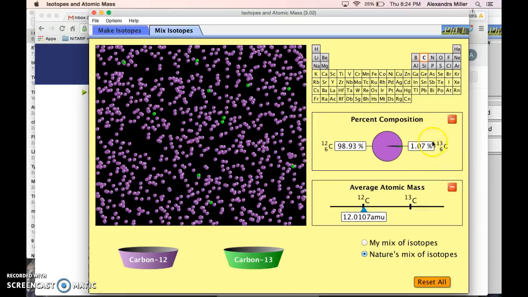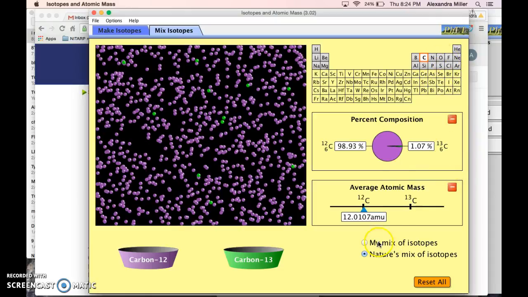Only just over 1% are carbon-13, and even fewer are that really interesting carbon-14 that you've heard me talk about, which allows us to determine how old certain fossils are based on how much radioactive carbon-14 remains in their body.